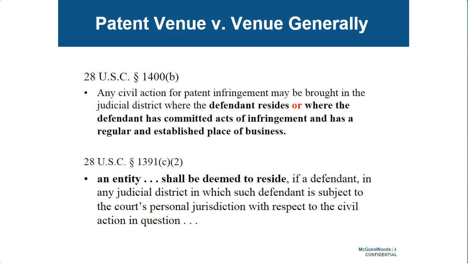So if you combine the general venue statute with the patent venue statute, it was very easy to sue a potential infringer. You can just sue this person or this entity wherever there's personal jurisdiction, because reside in the patent venue statute means where any individual entity will be subject to personal jurisdiction, which is defined in 28 U.S.C. 1391.